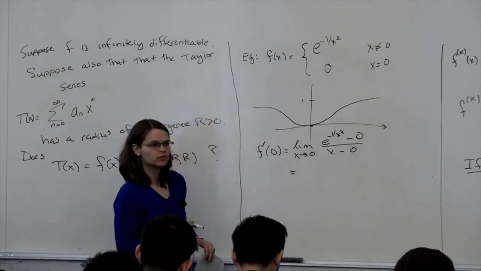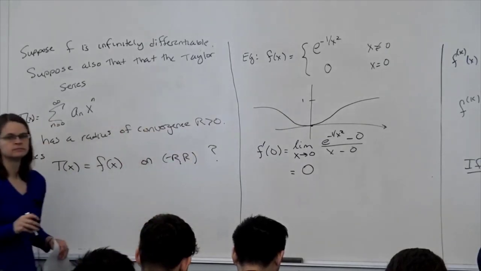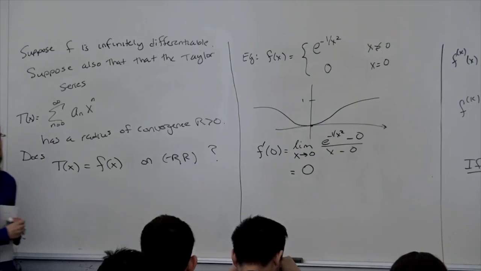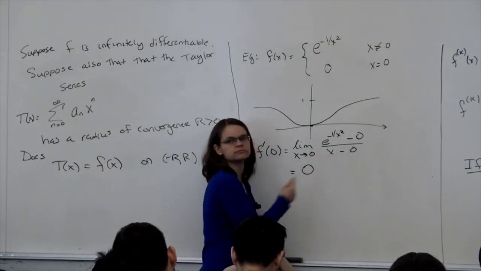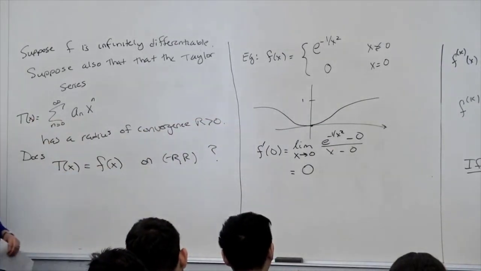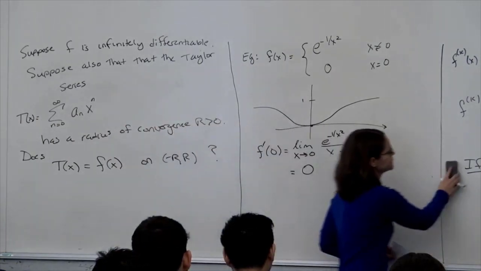The details of this, you'll find that this limit is 0. The numerator and the denominator are both going to 0. We try L'Hopital, but the exponential dominates things. Exponentials go to 0 faster than linear functions go to 0.